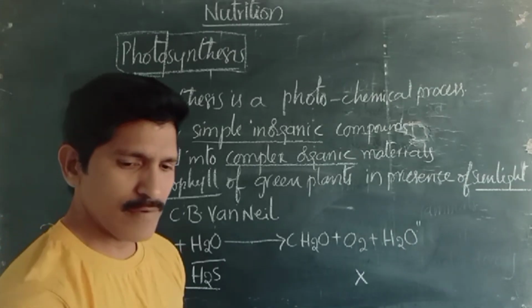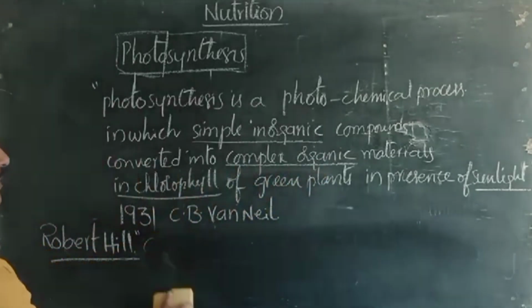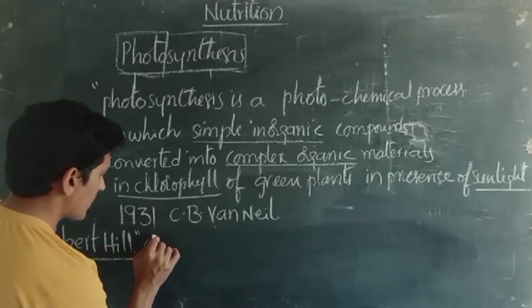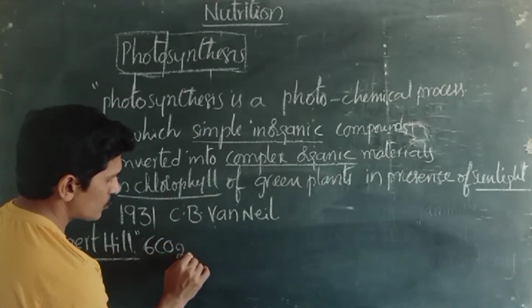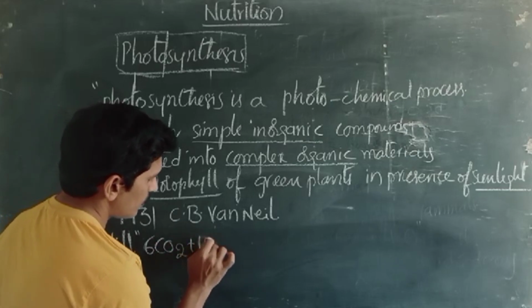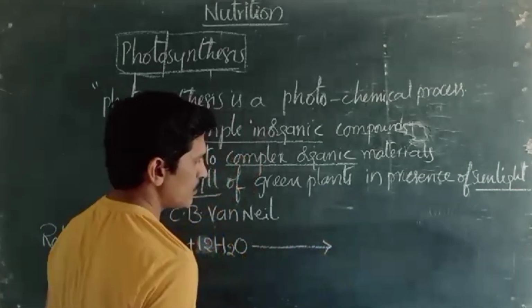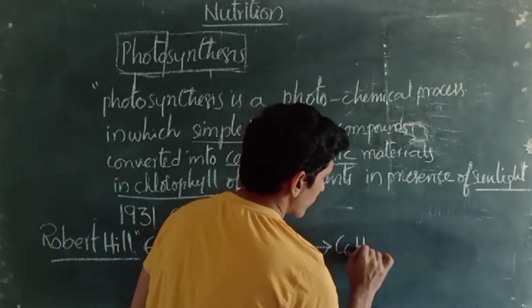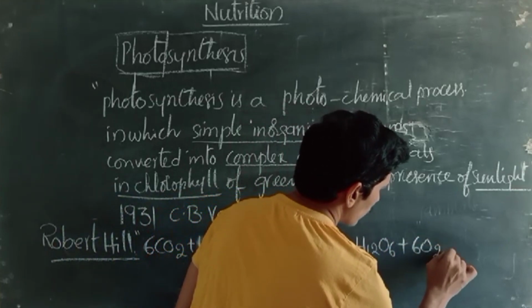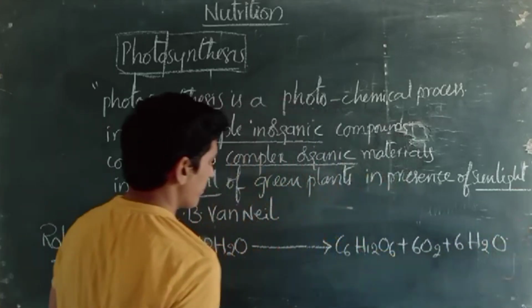We should know about Robert Hill's equation regarding photosynthesis. 6 CO2 plus 12 H2O gives rise to C6H12O6 plus 6 O2 plus 6 H2O.